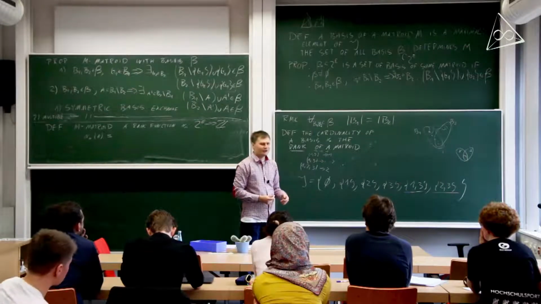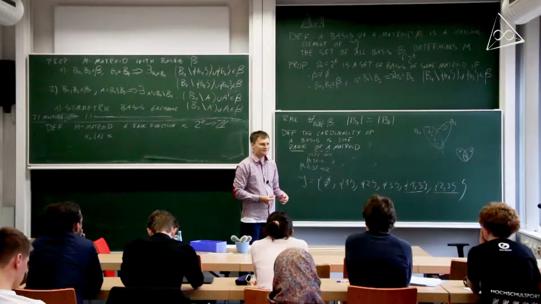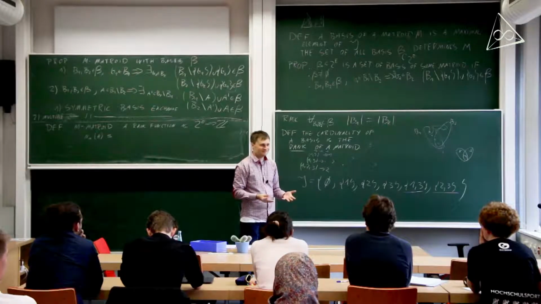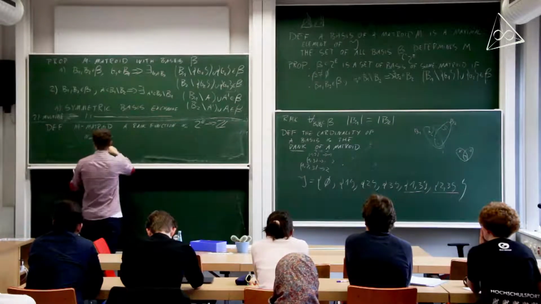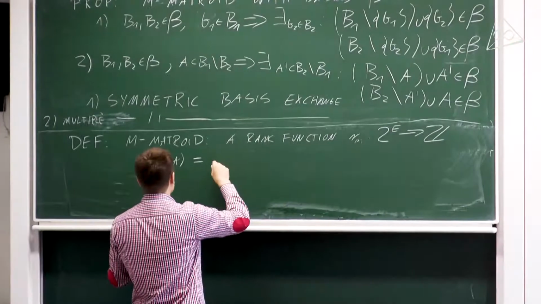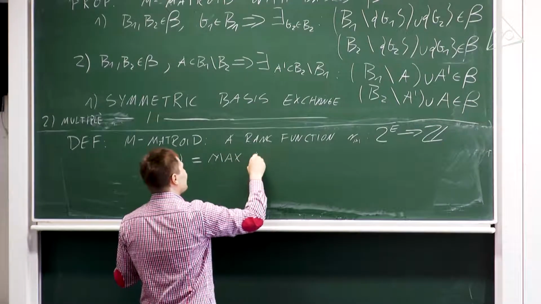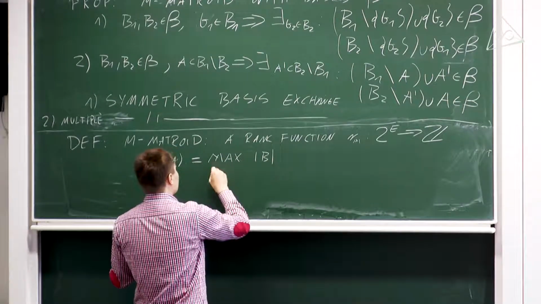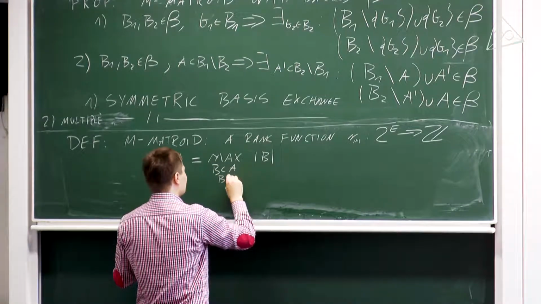How will we now define the rank of a subset? The largest independent set inside the subset. Very good. That's the definition of a rank: the maximal cardinality of B, where B is inside A and B is an independent set.